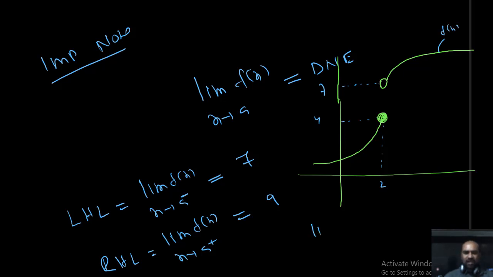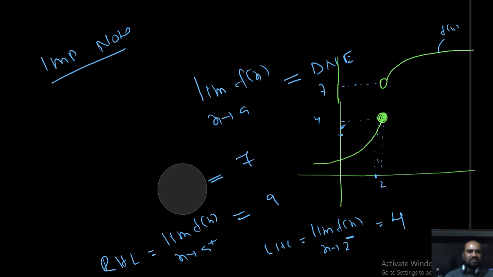So the limiting value of f of x where x tends to 2 minus, or LHL. Through this graph, what can I say? x is somewhere here, where the corresponding y is here. It means that if x is approaching 2 minus, then f of x is approaching 4. That is one thing. Next, I want to erase this.